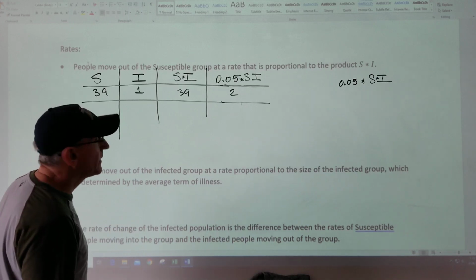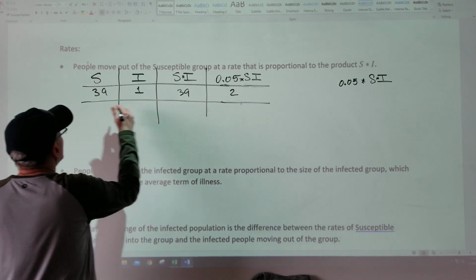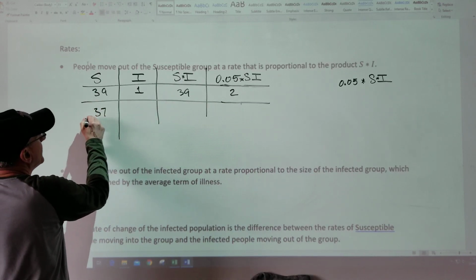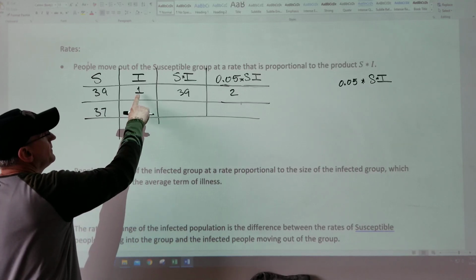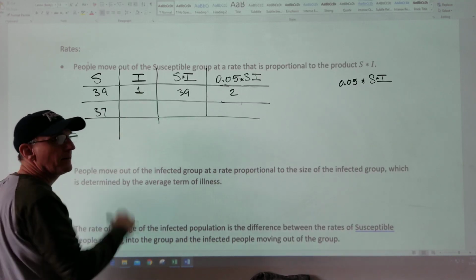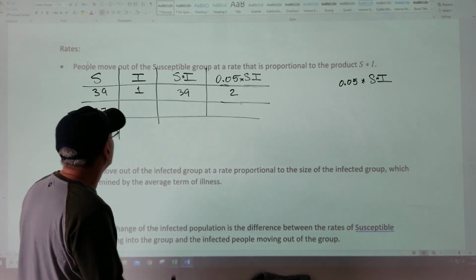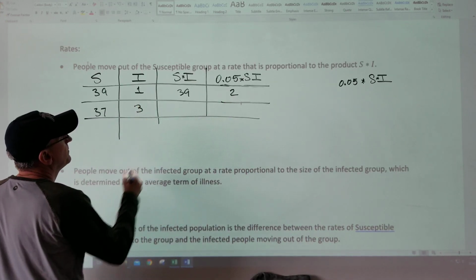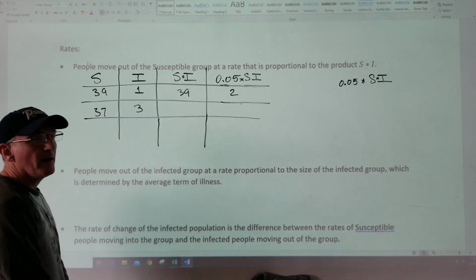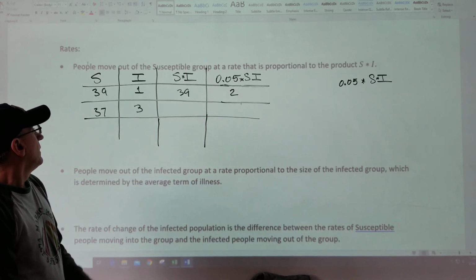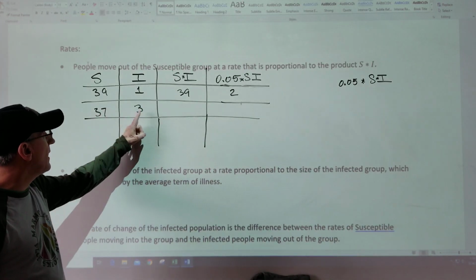So, let's move those people. 39 minus 2, we're down to 37 susceptible people. We have this guy who was infected yesterday, he's still infected, and we've increased that by 2, so now you have 3 infected people. Next day, we have 3 people who are infected and 37 who are not.